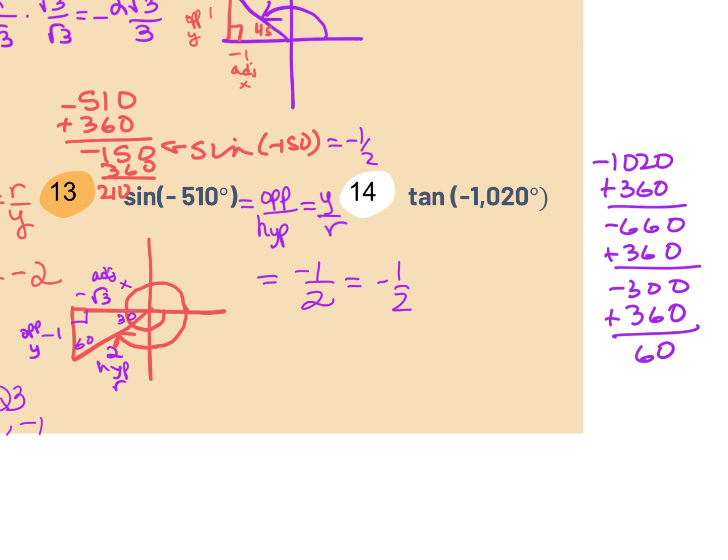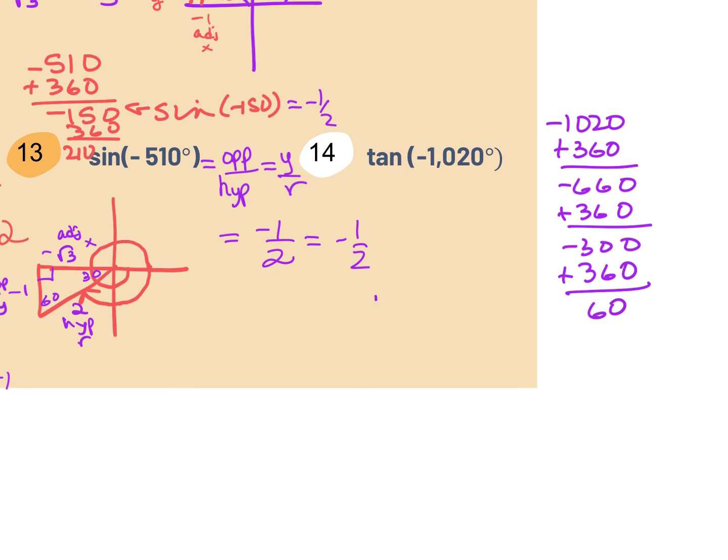But let's go ahead and graph this. So it's negative, so I'm going clockwise. So I'm going to go around one time, 360, then go around again. I'm at 720, and then I got to go 300 more degrees.